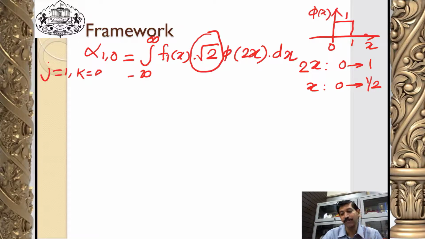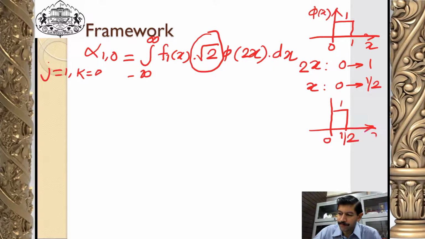We will also see how this normalization factor normalizes all these alpha and beta values. But right now let's calculate the value. So we also understand that phi of twice x will look like this. It will be 1 only between 0 to half. And now this is my phi of twice x.